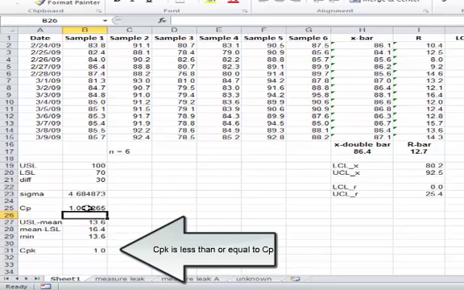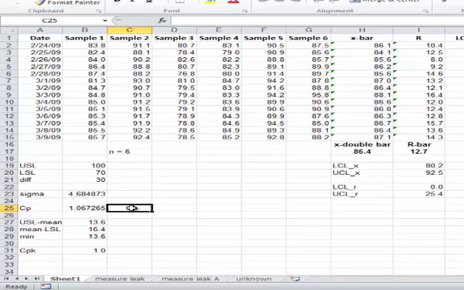If it's at 1, then this means that 99.7% are meeting spec. So that's pretty good. So for both of these, yes, it's pretty close to meeting spec.